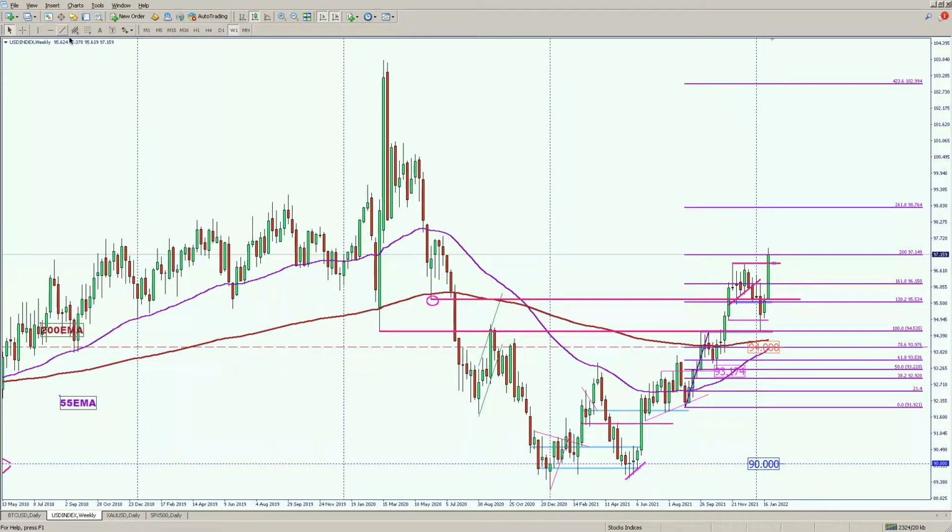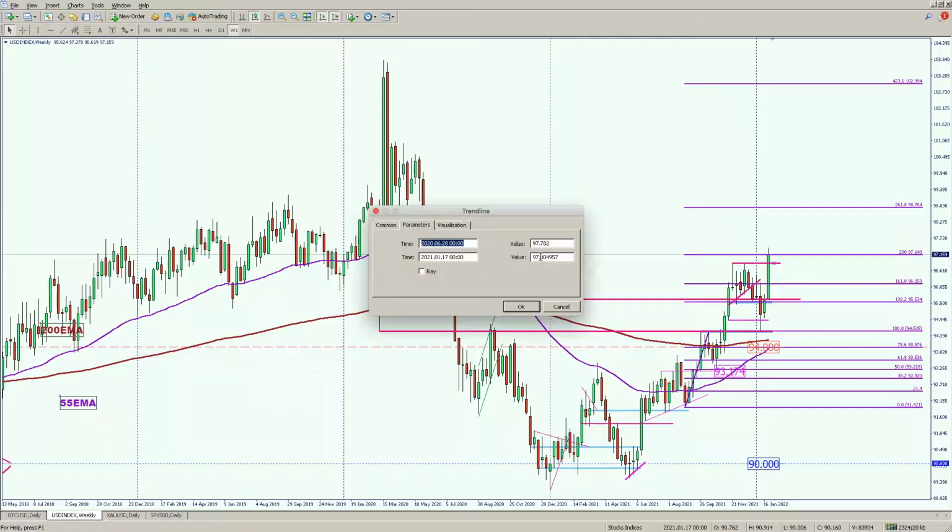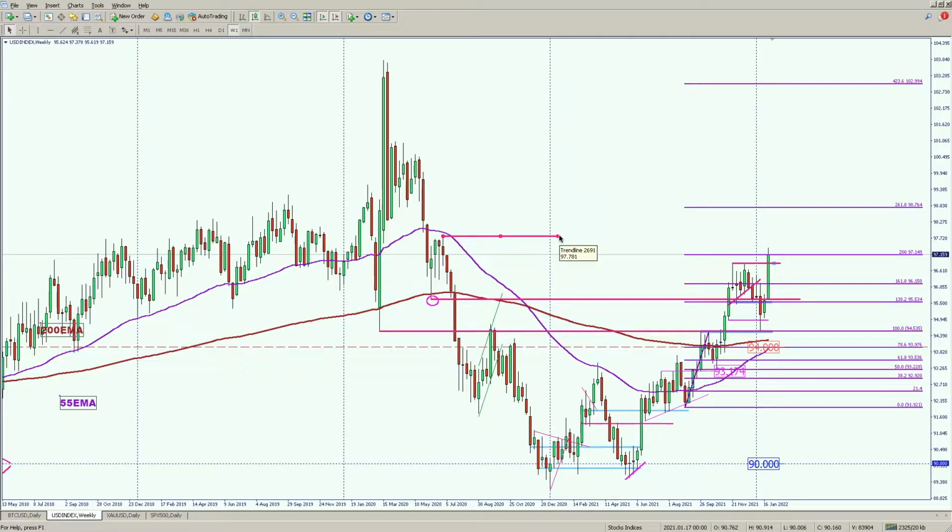So let's draw this swing high area here. There's a spike through here. Let's check the level here at 97.78. Okay.